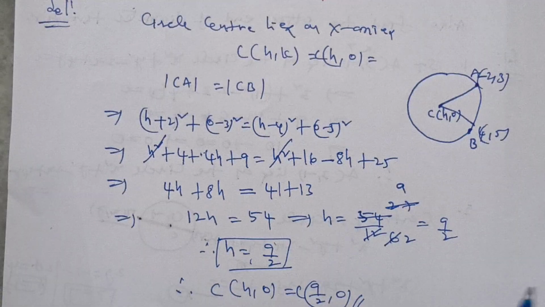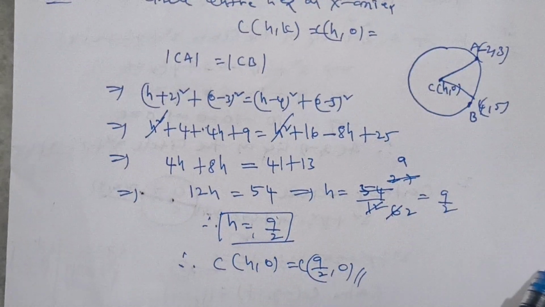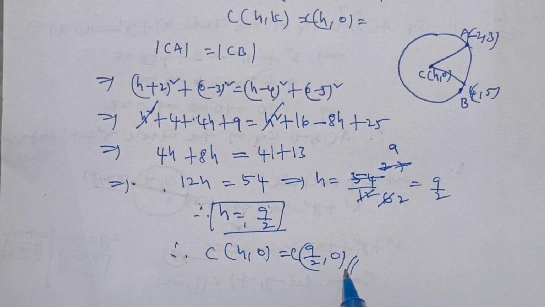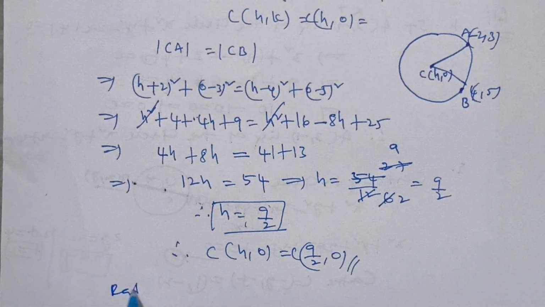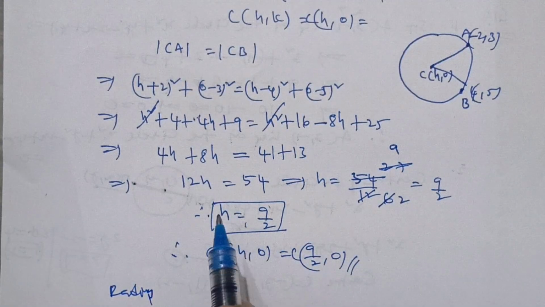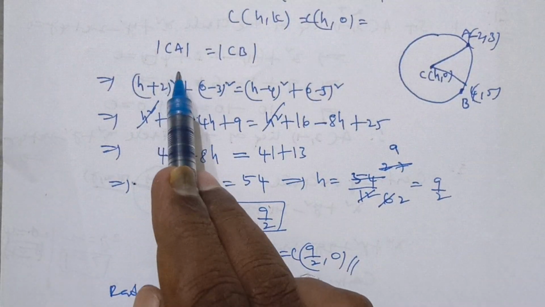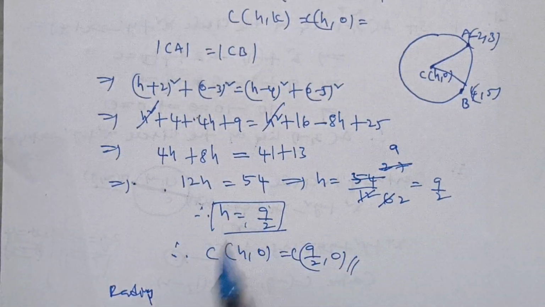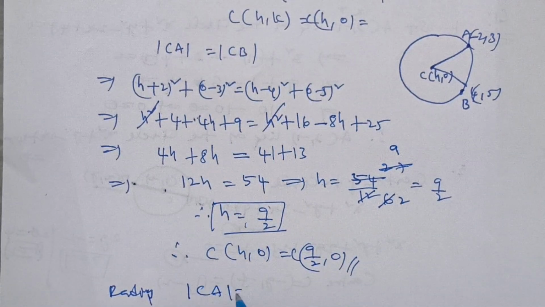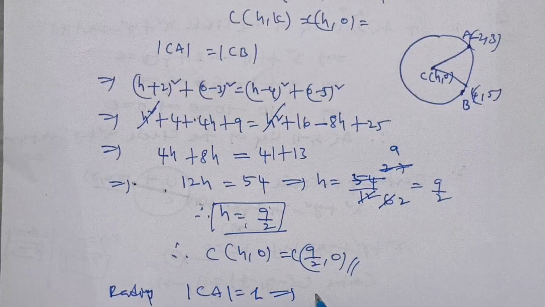So the center is obtained. To find the circle equation, we need to find the radius also. Now the radius: to find the radius, we use |CA| equals r.